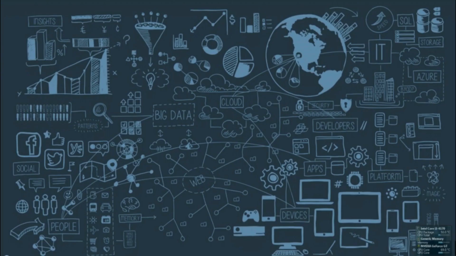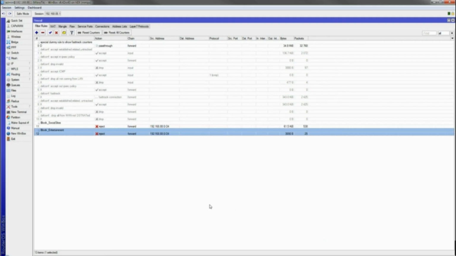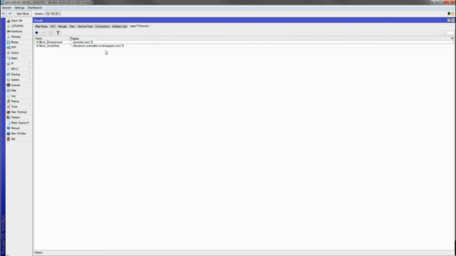So we open Mozilla Firefox again and youtube.com, and as you can see, it loops and loops and doesn't complete loading. So that is basically it on blocking a site and categorizing the blocked sites. You basically need the layer 7 protocol and the filter rules.